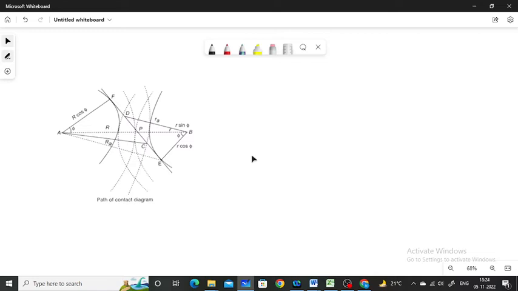Consider a pinion driving the wheel as shown in the figure. First one is the pinion.